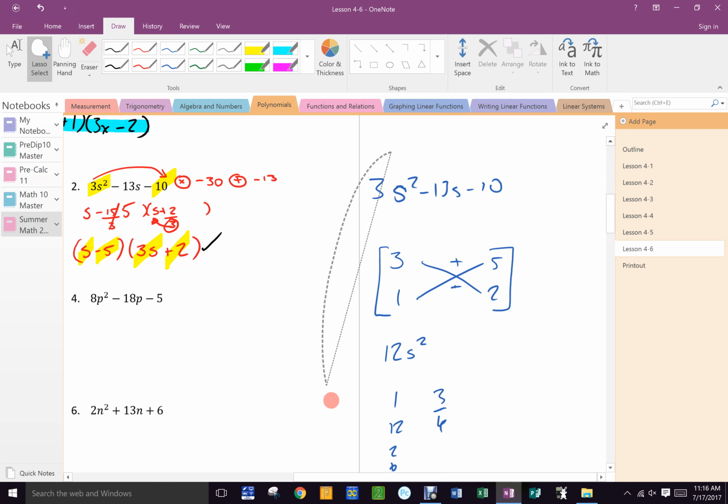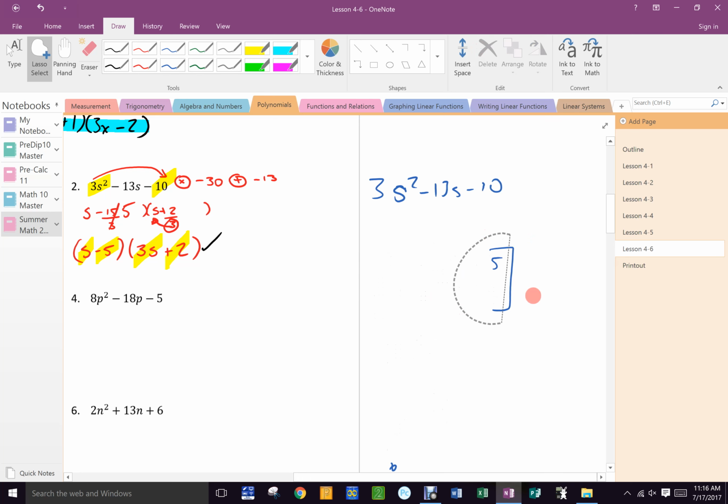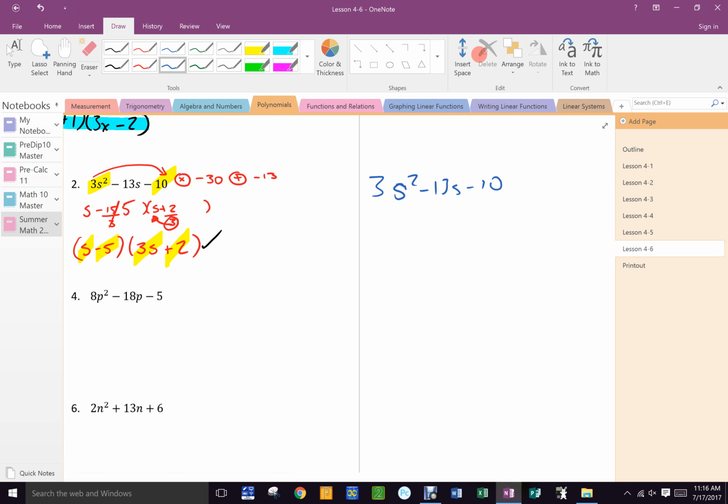How many of you were shown something that looks like this? It starts out very similar. You do 3 times 10. You need to multiply to negative 30 and add to negative 13. So you wrote it out like this. 3s squared plus 15s minus 2s minus 10.